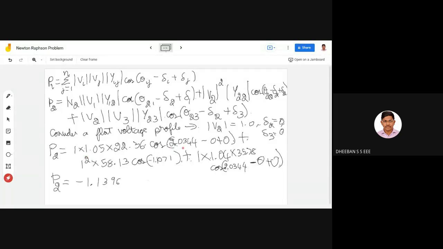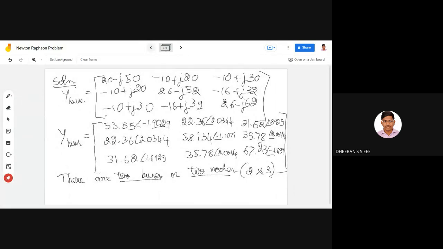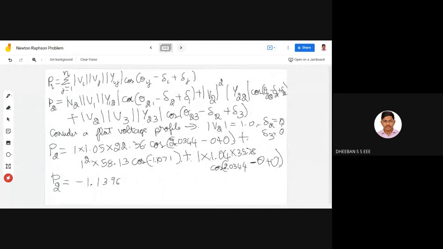You have to take this value in radians, so keep your calculator in radians mode and calculate it. From this step to this step, we are converting from rectangular to polar form. The value you get will be in degrees, but when doing calculations you have to consider it to be in radians.